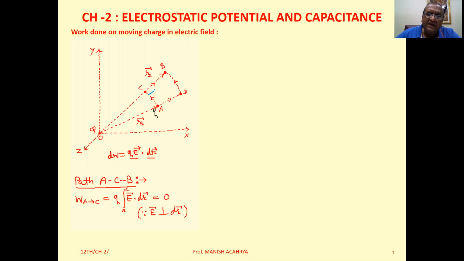So at each and every point on this particular curved path, the electric field is perpendicular to the path. It implies that at each and every point E dot dr will be equal to 0, because E is perpendicular to dr. So we can say the work done to move charge q from A to C in the given electric field is equal to 0. Clear to all of you?